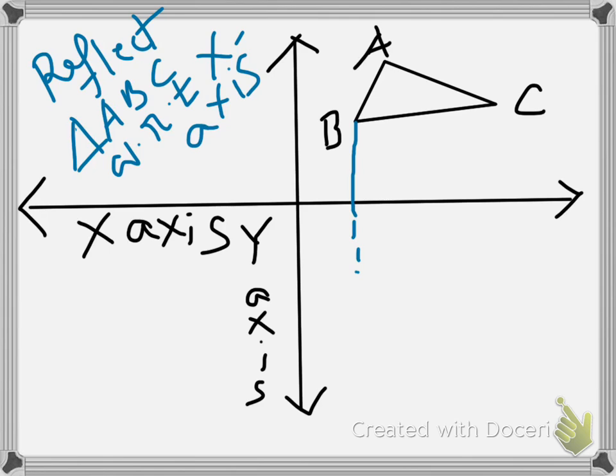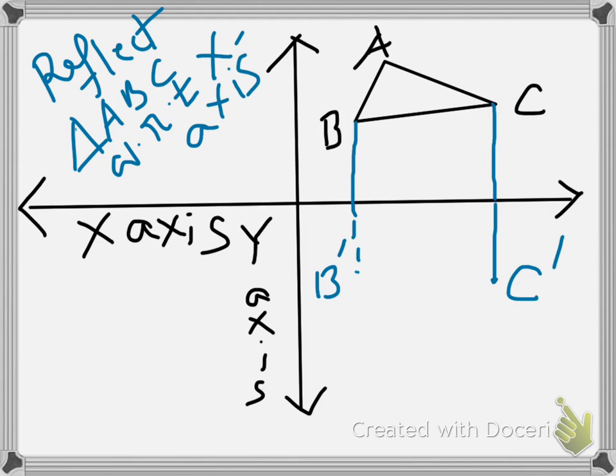Similarly, for point C, the distance between it and the x-axis is going to be equal to the distance between the reflected point and the x-axis. So C dash is going to be somewhere here.